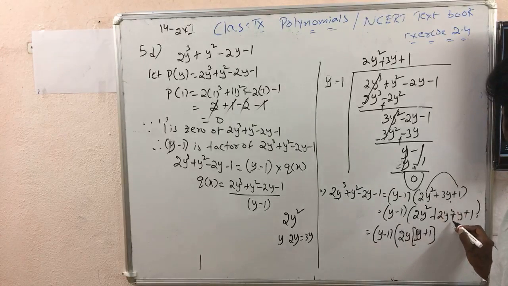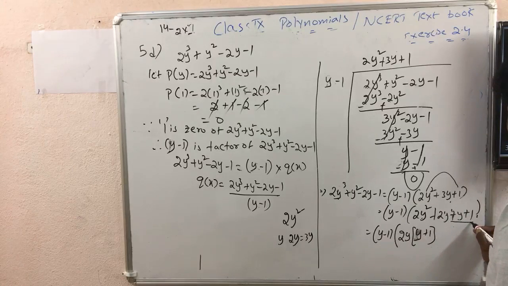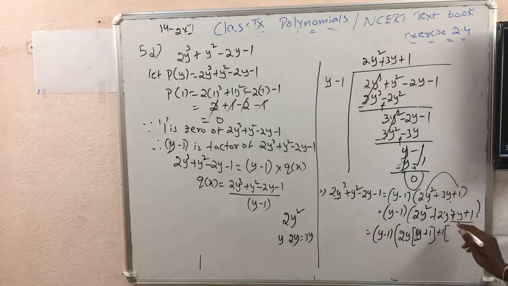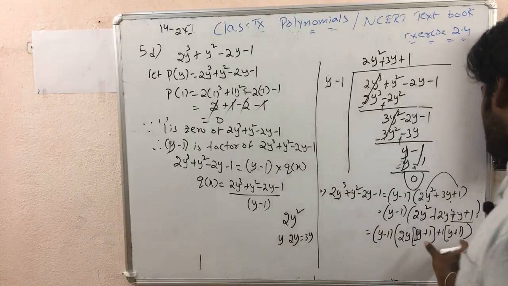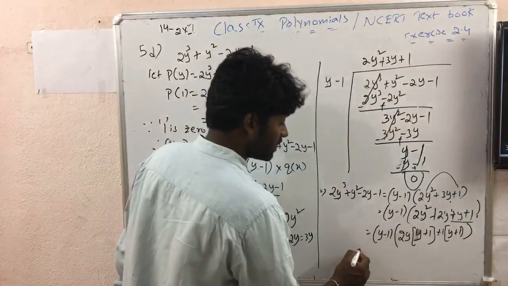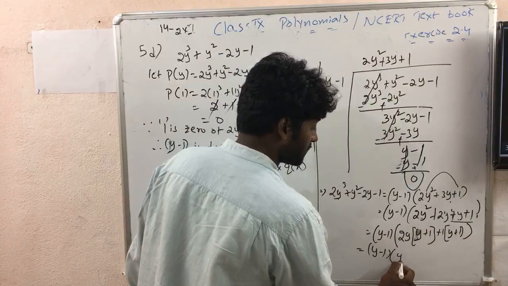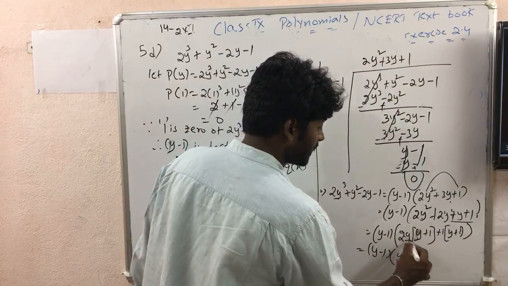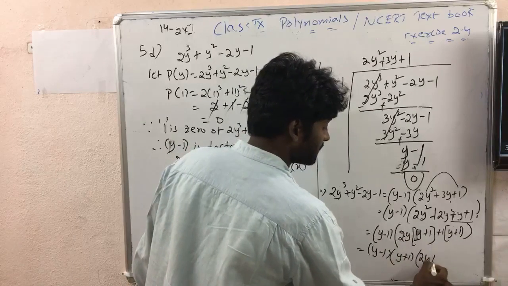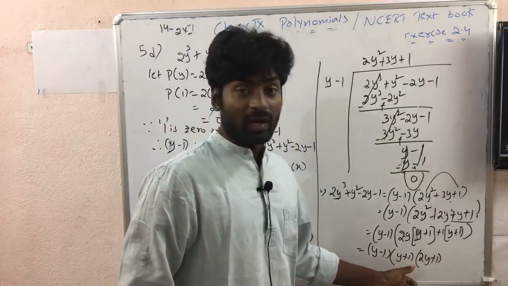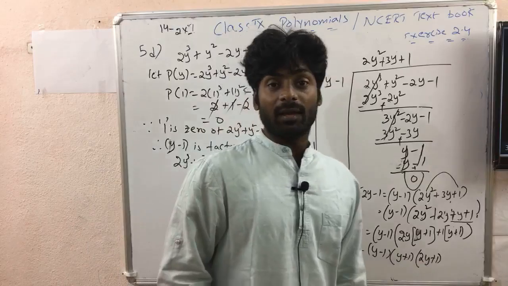Again, in these two terms there is no common factor, just plus 1 will be the common factor. Directly write y plus 1 here. Again, in these two terms y plus 1 is the common factor, so take y plus 1 common, you are left with 2y here and plus 1. So the factors are y minus 1 into y plus 1 into 2y plus 1.